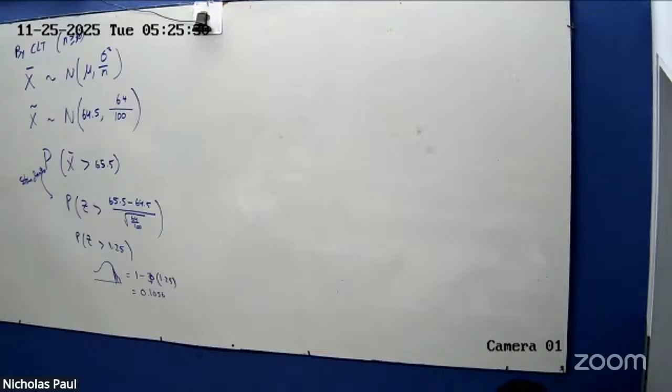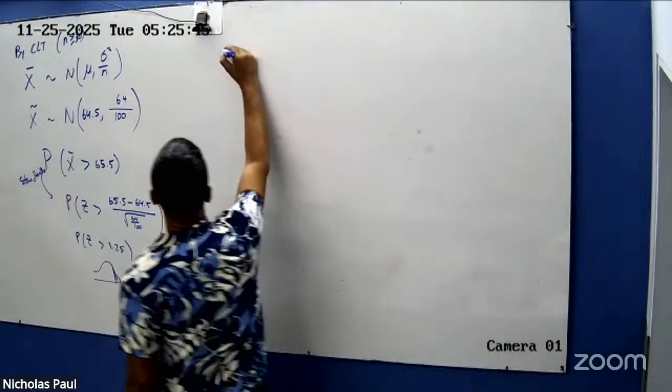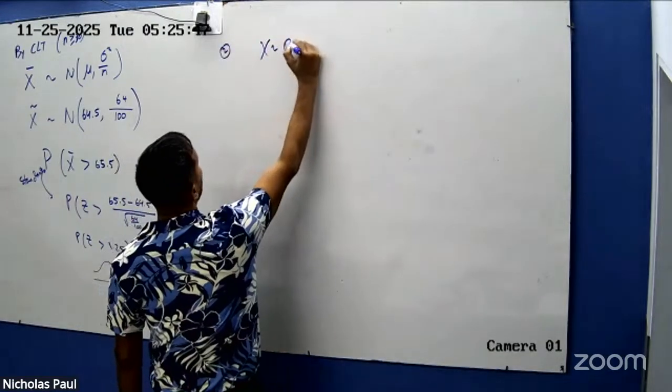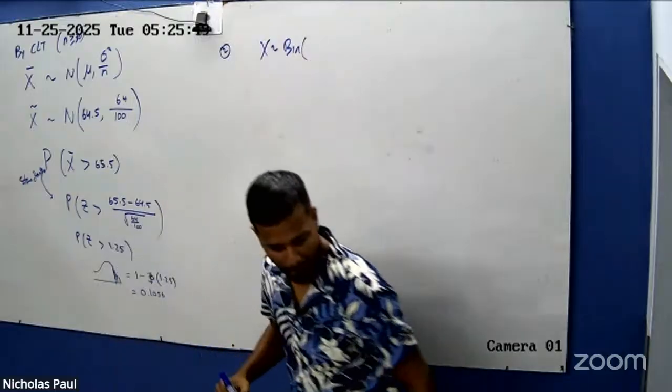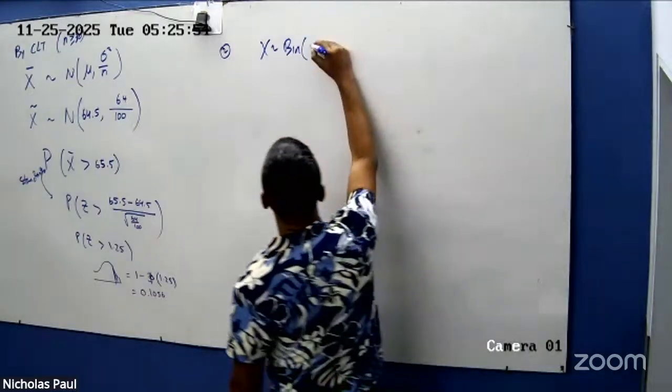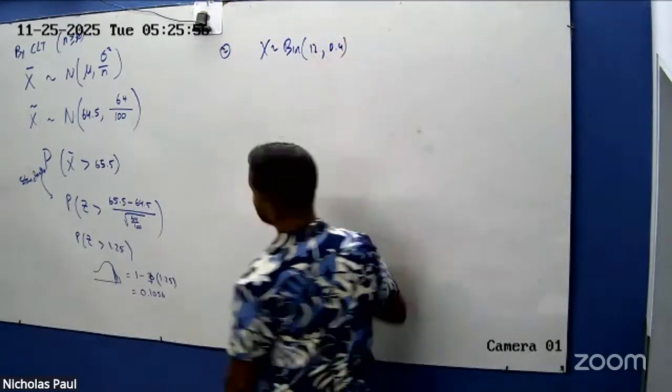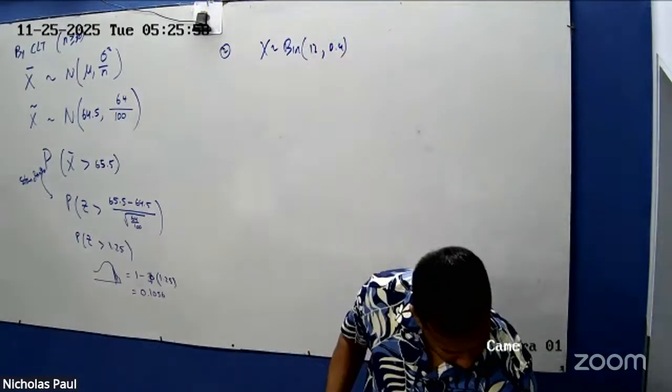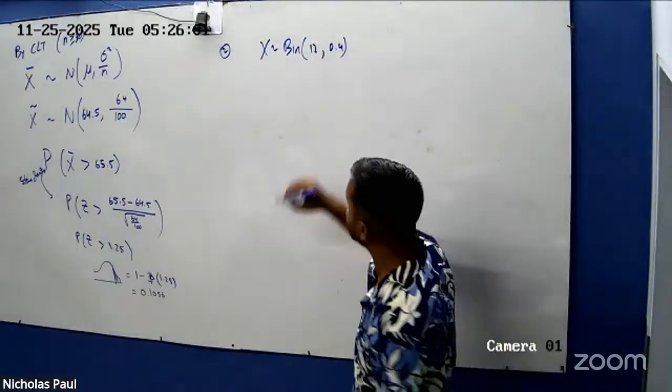Try this next one. The mean of 50 observations of X, where X follows a binomial 12, 0.4, is X bar.